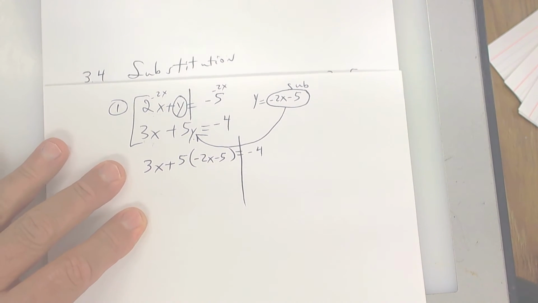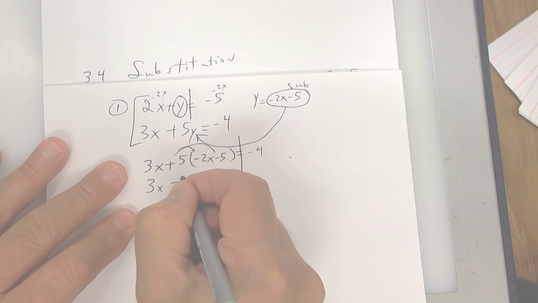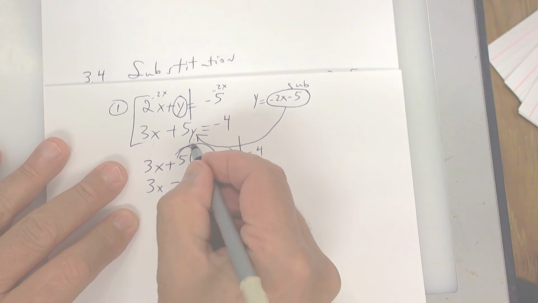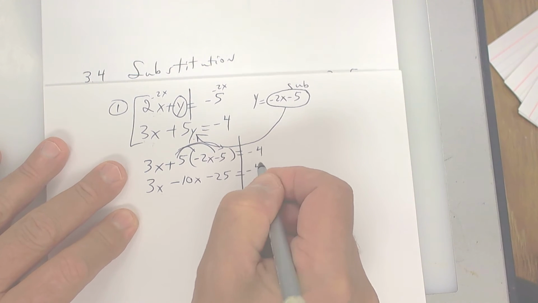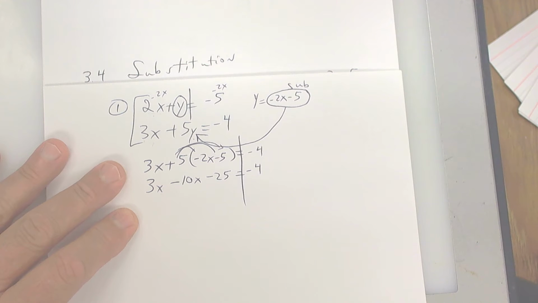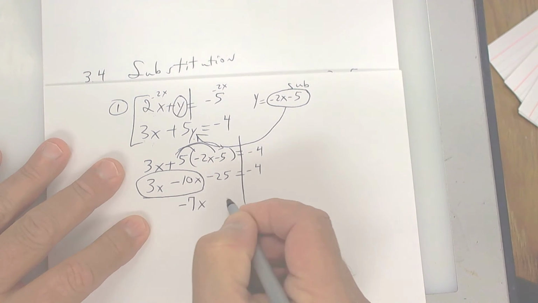Once I get to this point, I distribute. So I get 3x minus 10x and then minus 25 equals negative 4. Let me make sure I have all my work right. It's a good idea to pause and take a look, make sure you're doing it right. All right, everything looks good. This and this gives me negative 7x minus 25.